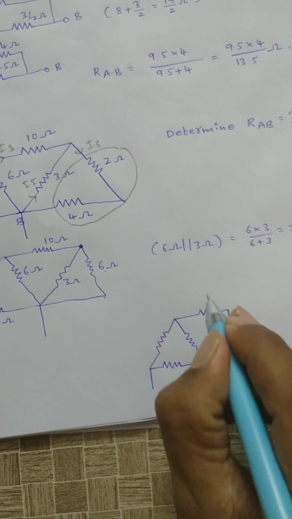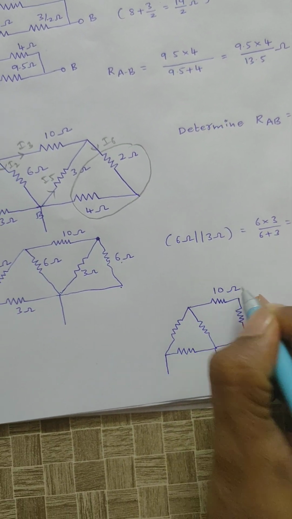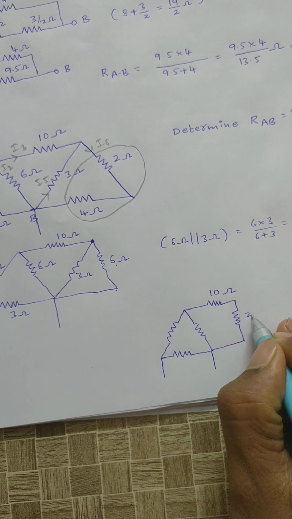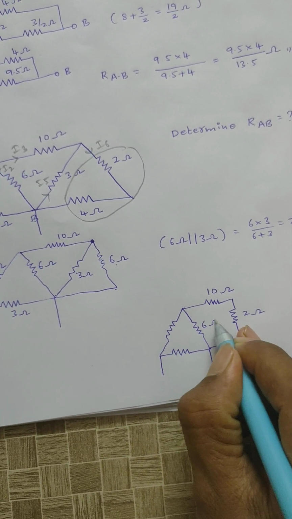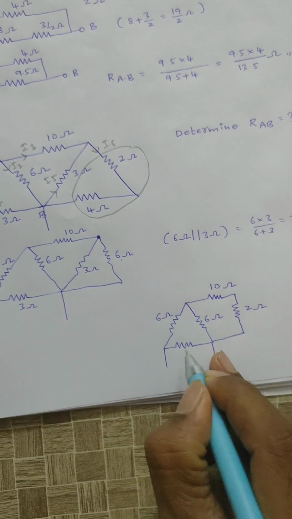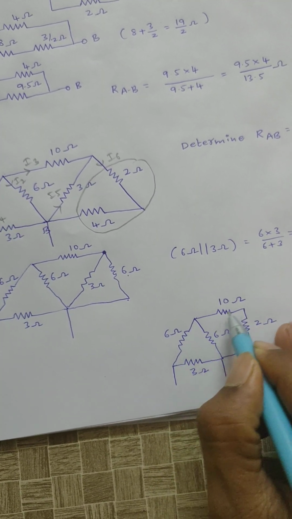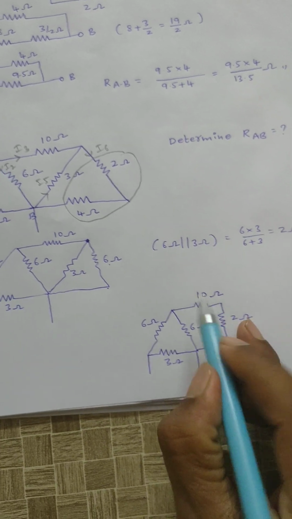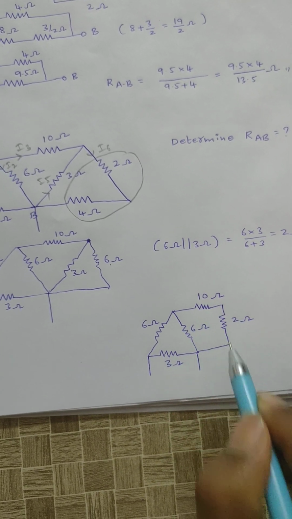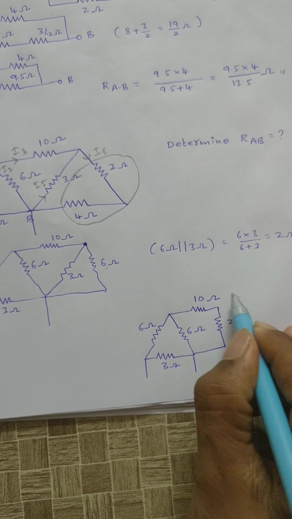Right, 10 ohm, here it is 2 ohm, 6 ohm, 6 ohm, 3 ohm, right? Now see here, same current is flowing through 10 ohm and 2 ohm. Finishing end of one element is connected to starting end of another element. Now these two are connected in series, right?